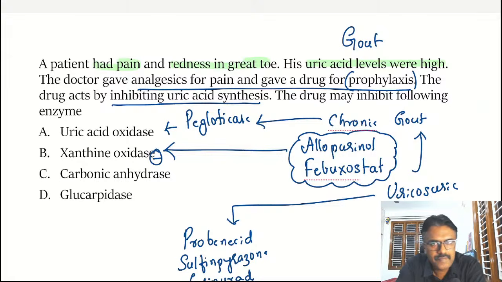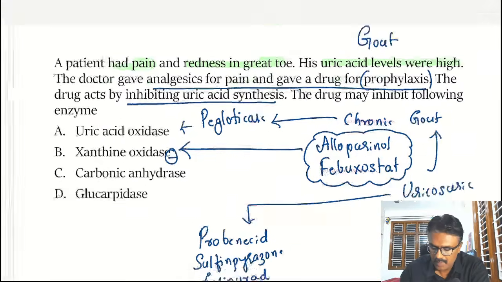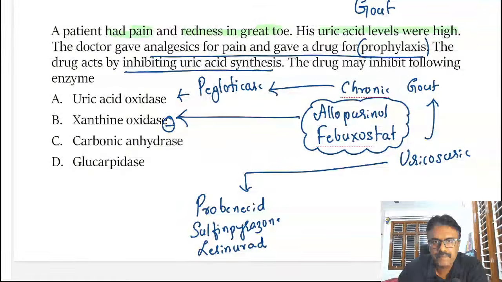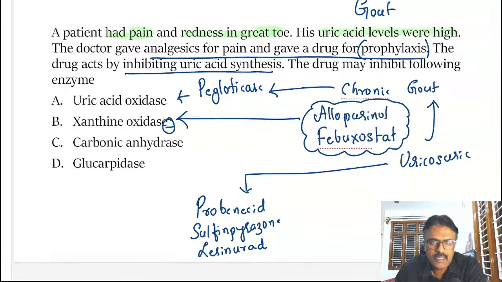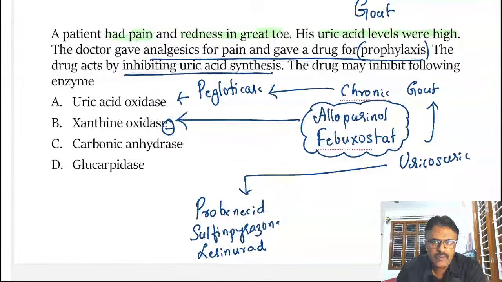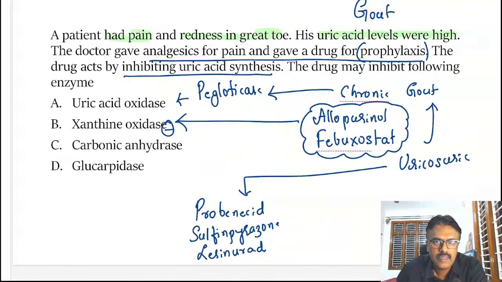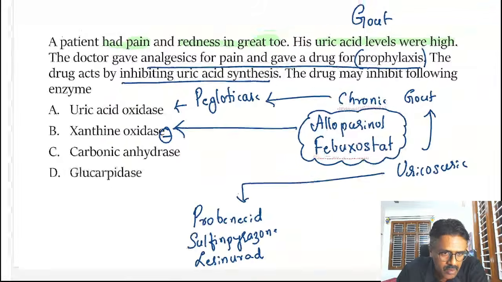So there are three types of drugs for chronic gout: xanthine oxidase inhibitors, the enzyme pegloticase, and uricosuric drugs like probenecid, sulfinpyrazone, lesinurad. All are for chronic gout.